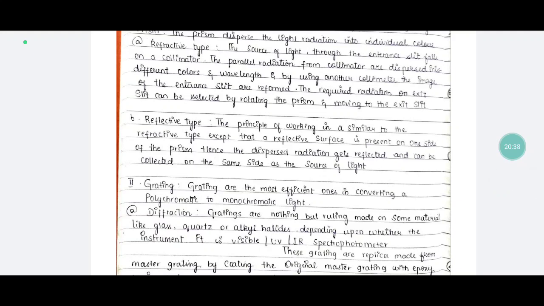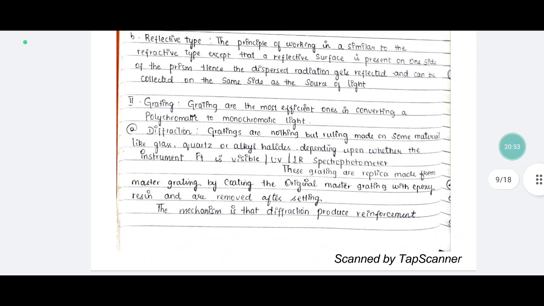Gratings are the most effective ones in converting polychromatic to monochromatic light, and gratings have two types, diffraction and transmission. The definitions for the diffraction and the transmission grating are given below.